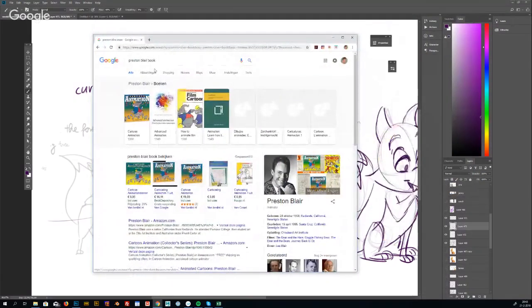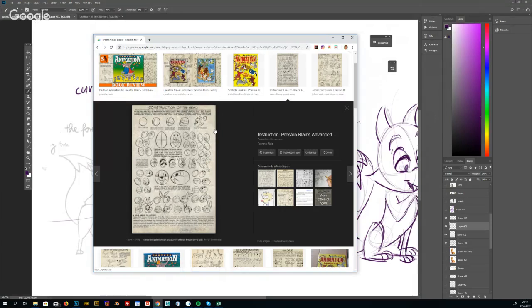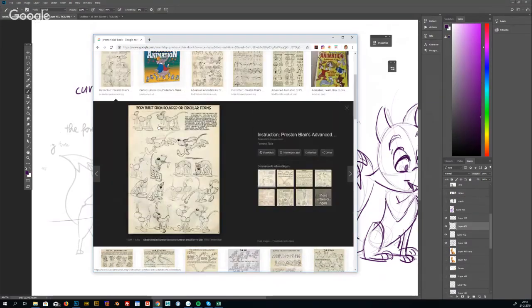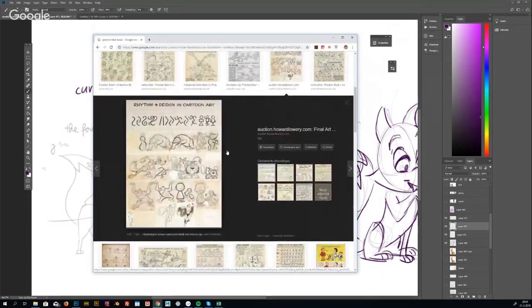So that's this book. It's an old book, so you can actually download the PDF completely legal, and there you can do these practices. So just look at these drawings and then copy it, and then look how it's made.